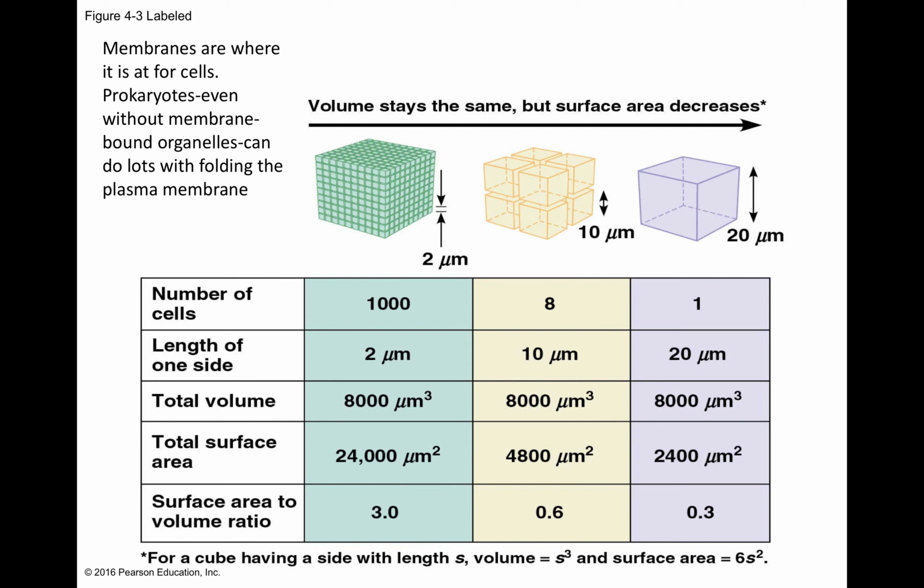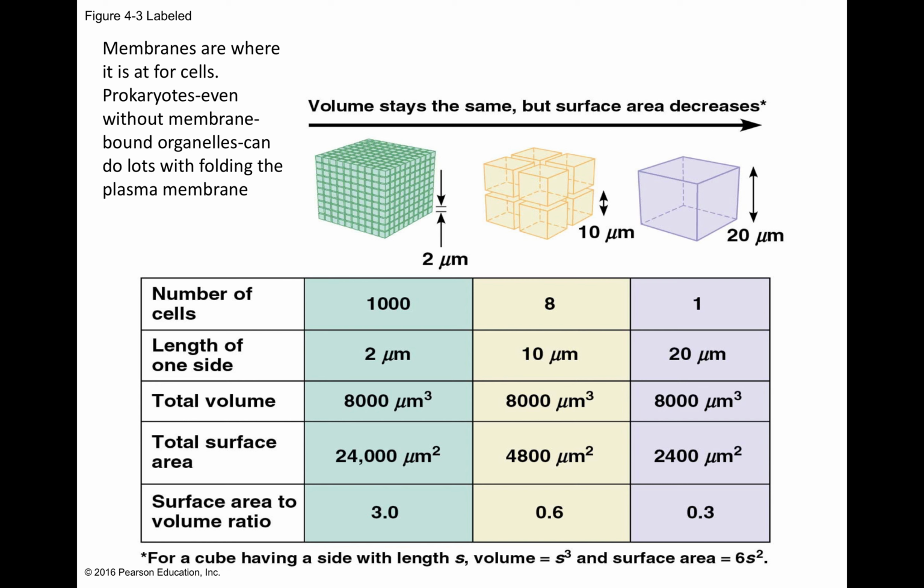We typically think of prokaryotic cells as inefficient at generating energy because they don't have mitochondria or chloroplasts, but some prokaryotic cells act just like mitochondria or chloroplasts by folding their outer membrane inside the cell over and over again. I'll show you a picture of that.